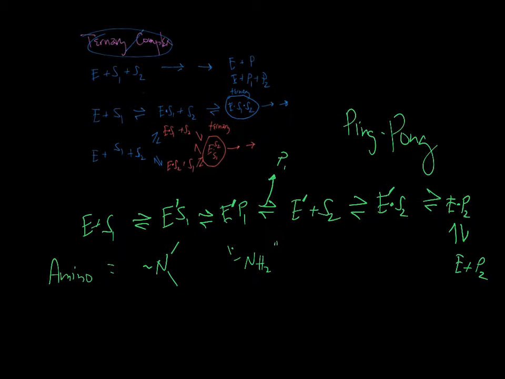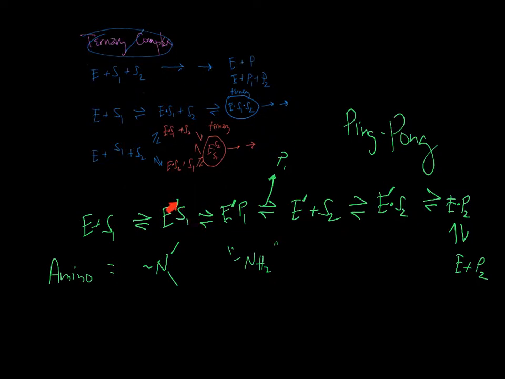Okay, so what happens with the ping-pong mechanism is, one example with aminotransferase, you'd have your enzyme, and whatever's going to be the amino donor would bind, and it puts its amino group onto the enzyme.